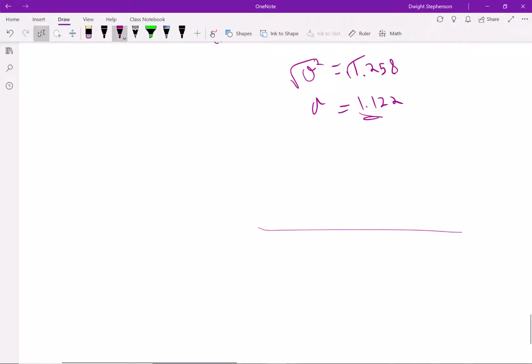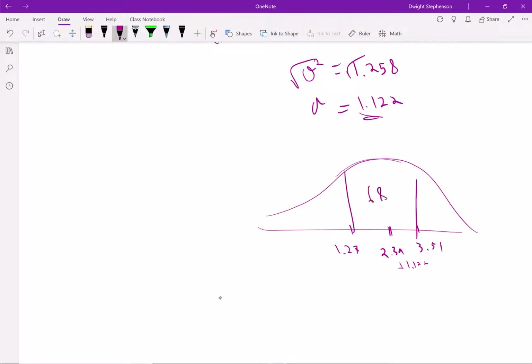There's also, if you've ever learned this, some really cool things with normal distribution. If it's normally distributed, then the mean would be here. And if you go out one standard deviation, meaning if I add 1.122 here, which would put me at 3.51, and subtract it here, which would put me at about 1.27, we know that about 68% of my data, 68% of customers would buy between 1.27 magazines and 3.57 magazines.